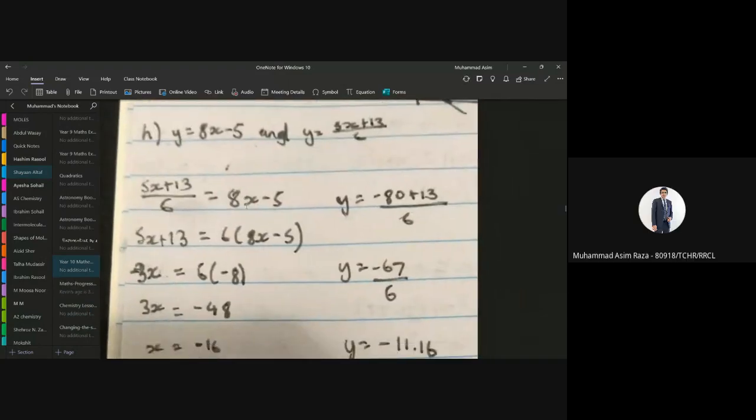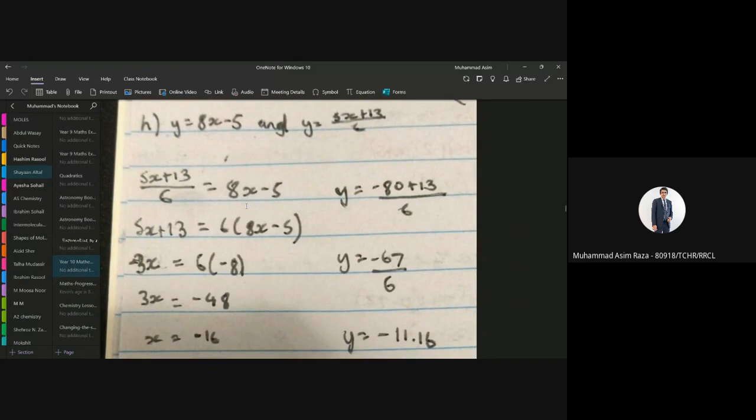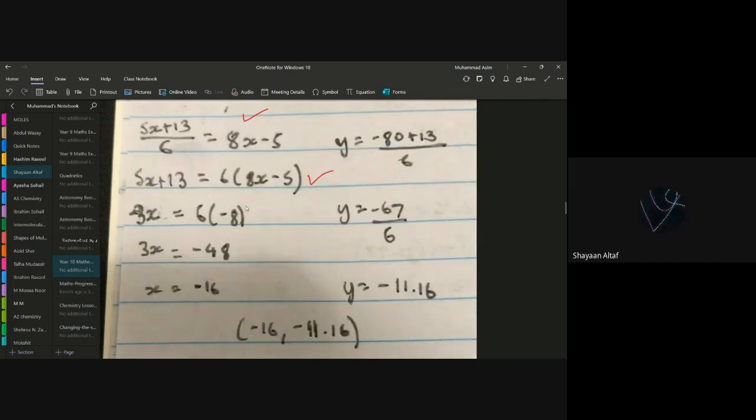Okay, so you see here. This thing is perfectly fine. So 5x plus 13 is equal to 8x minus 5. This is fine, but what you did after this? I think I made some shortcut.